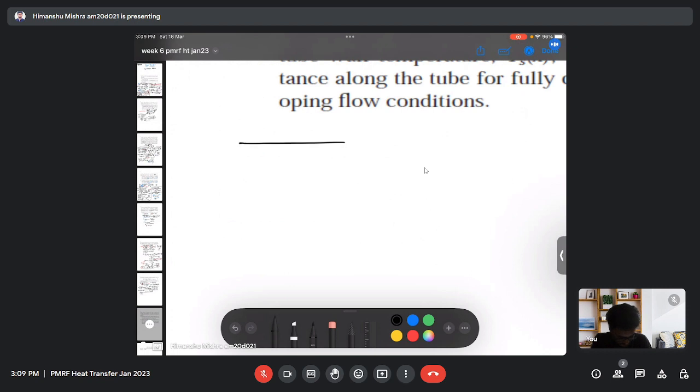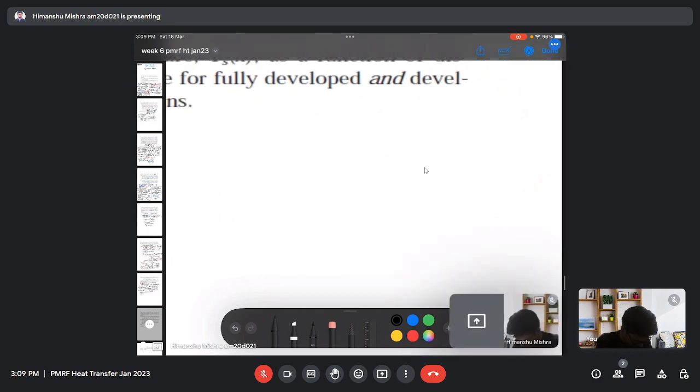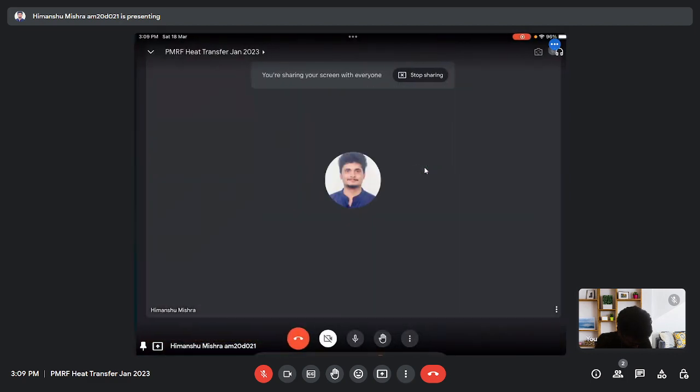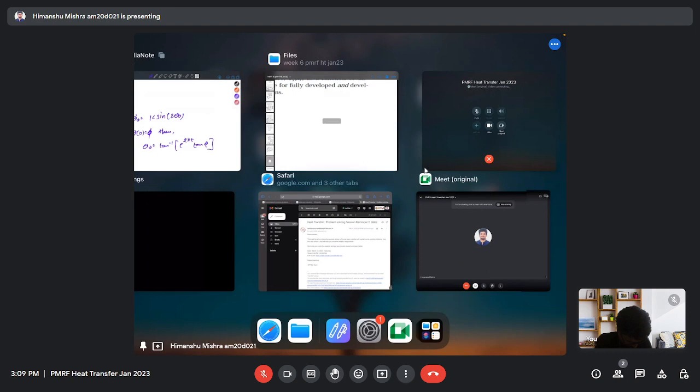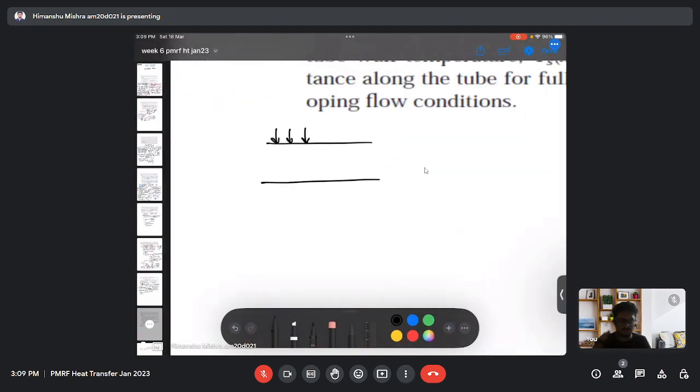So we have a tube here, and there is a heat flux.